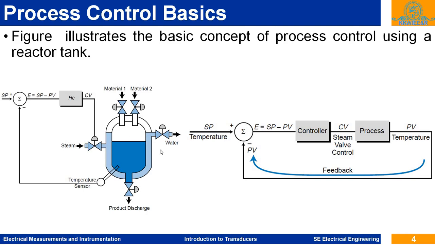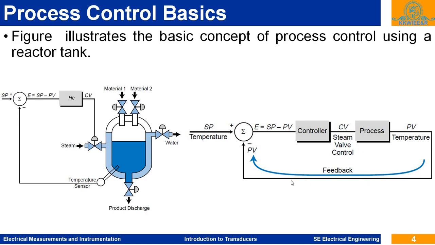It will control the temperature of the liquid, and this process variable, the actual temperature of the liquid, is measured by the temperature sensor and given as feedback to the system.